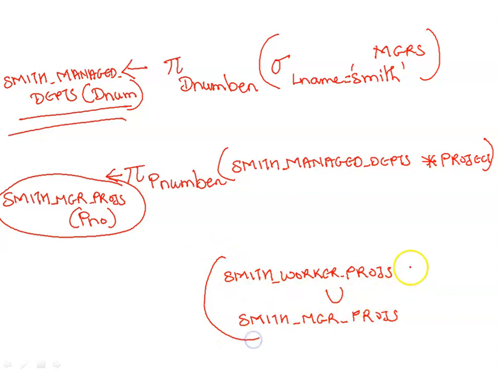So this I store into a temporary relation called result. So this is giving me a list of those project numbers where Smith is working as a worker, and this is giving me a list of those project numbers where Smith is working as a manager of a department that handles those projects.